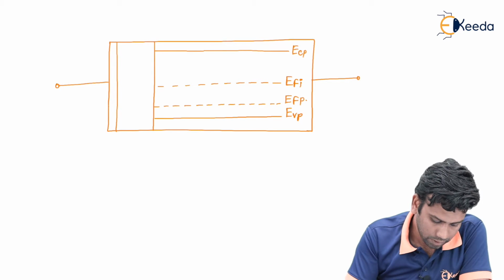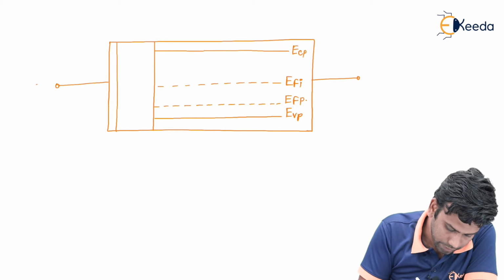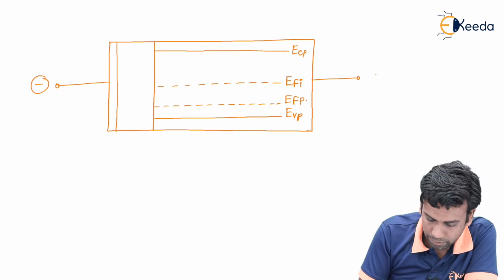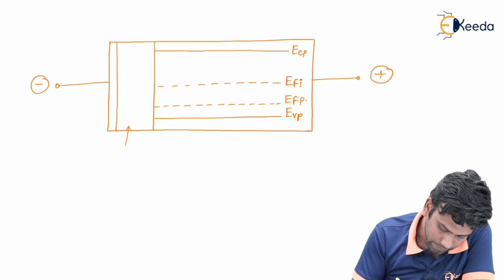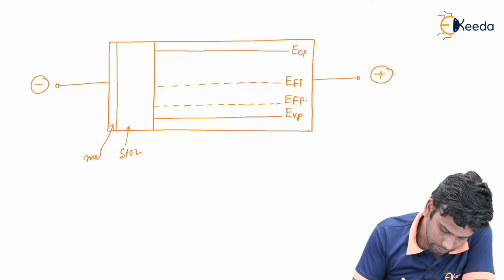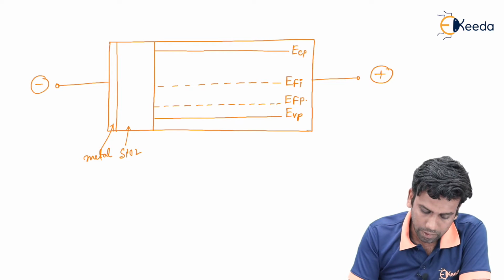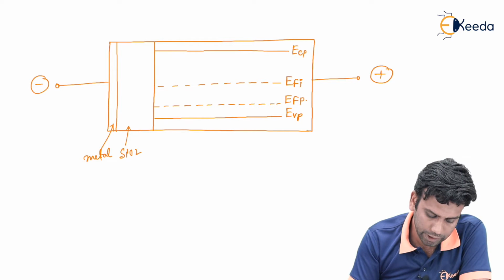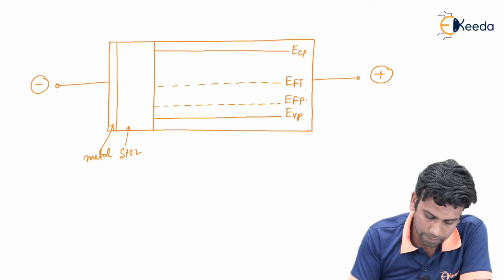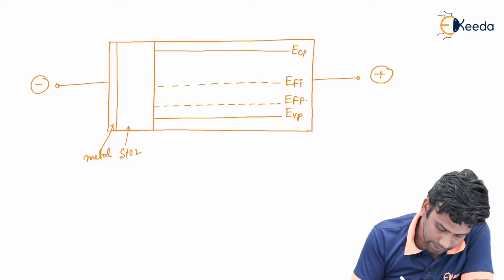external potential. Now let us apply a potential of negative here and positive here, and this is the SiO2 and this is metal and this is p-type semiconductor. Now since we have applied an external potential in this pattern, some holes will be accumulated near the interface.